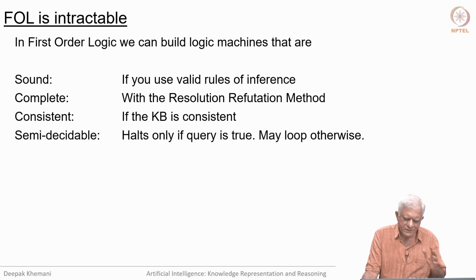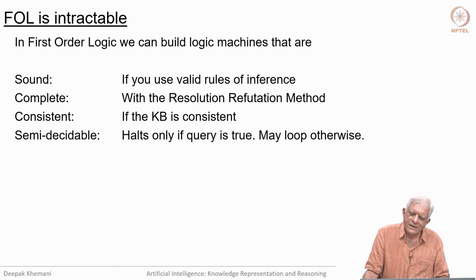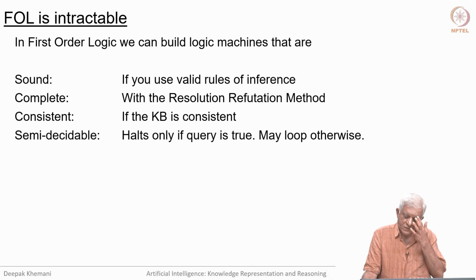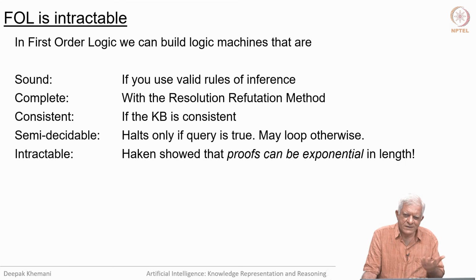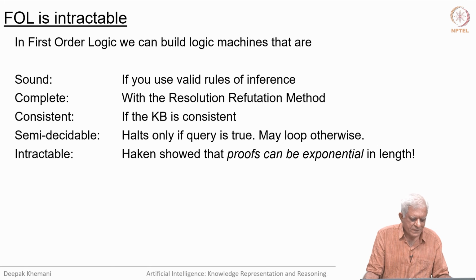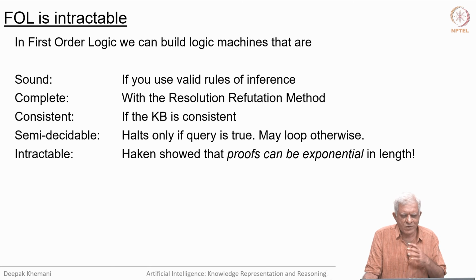That is a property of first order logic, and it should not be surprising to you, because you can always write programs which go into infinite loops, and programs are, as we will see, nothing but sentences in first order logic. Though they do not always look like that, anything that you can do in a procedural language you can also do in logic, and we will see this as we go along.